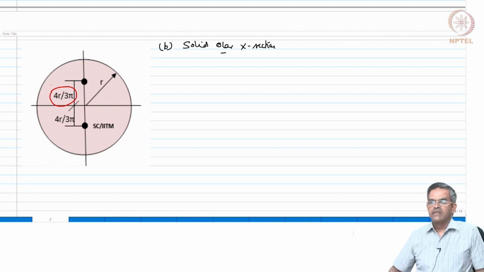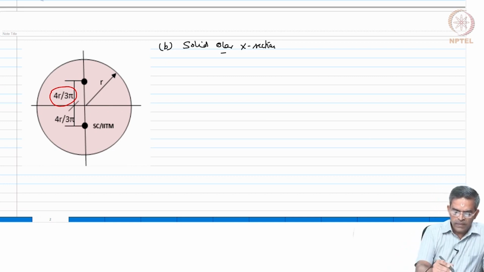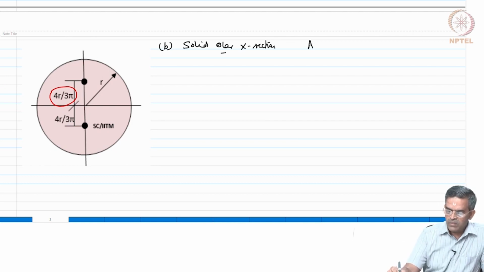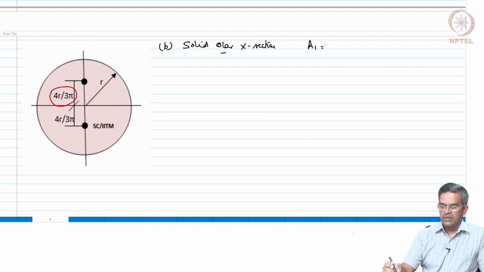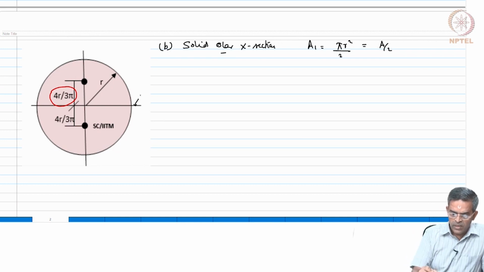The standard expression which we know. Let us say the upper half is A1 and lower half is A2. A1 is pi r square by 2, half of the area, which is also equal to A by 2, because this is the equal area axis, correct.